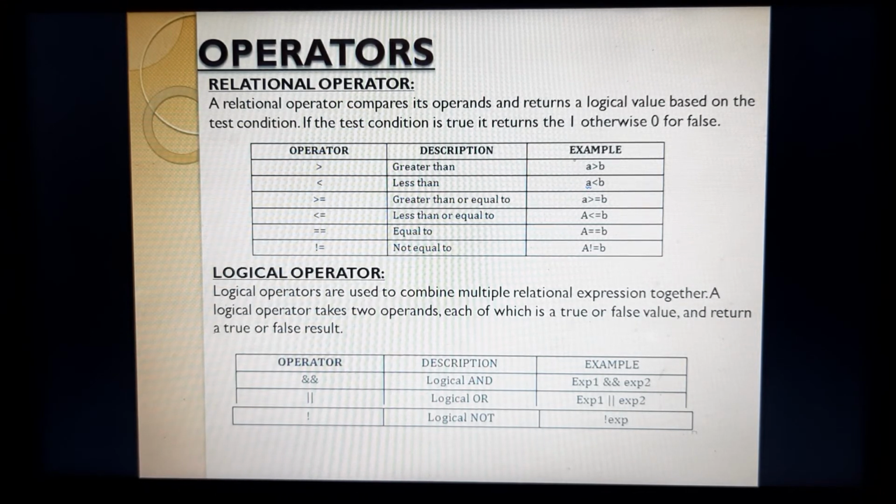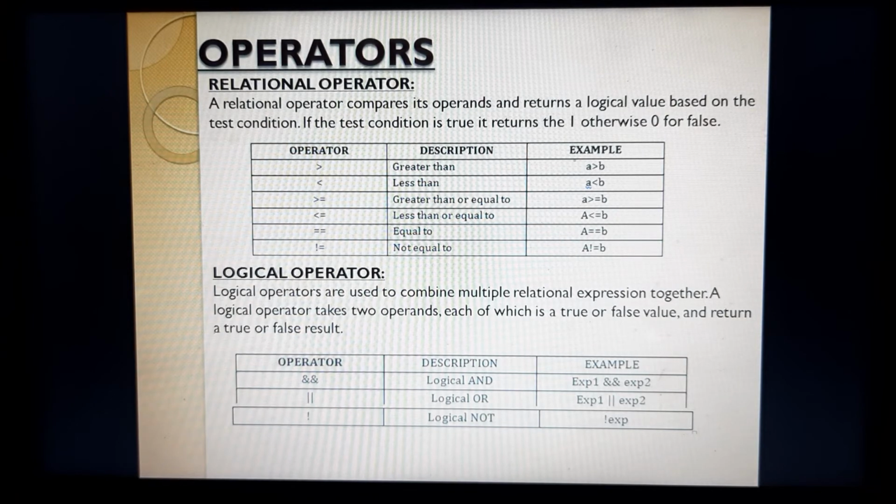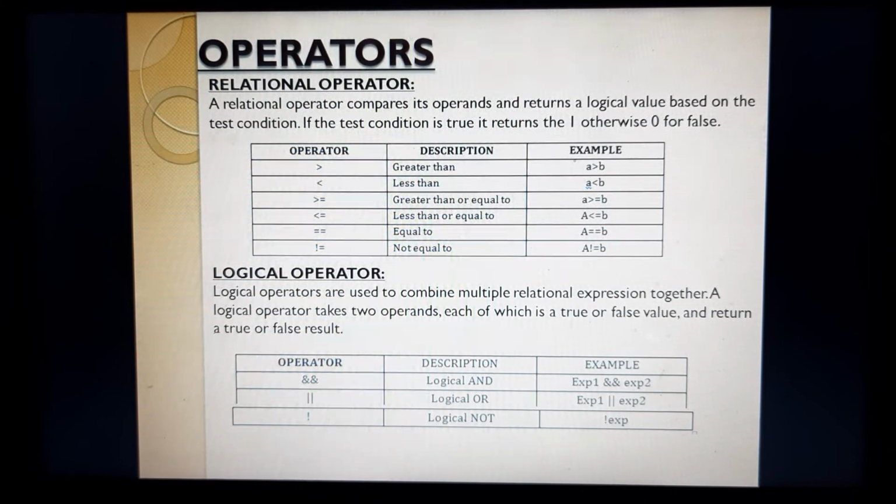We have a list of relational operators like greater than, less than, greater than or equal to, less than or equal to, and not equal to. So here are the examples. A is greater than b: we have to mention the values for a and b. The greater than symbol compares the a value with the b value. If a becomes greater than b, then it generates true, otherwise it generates false.